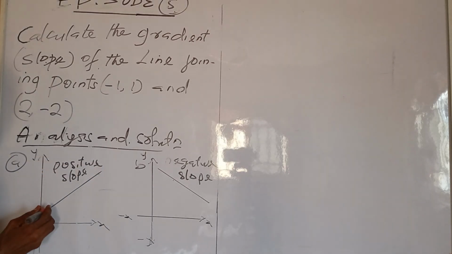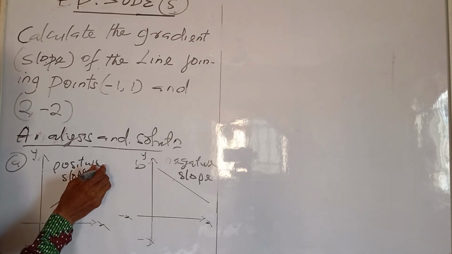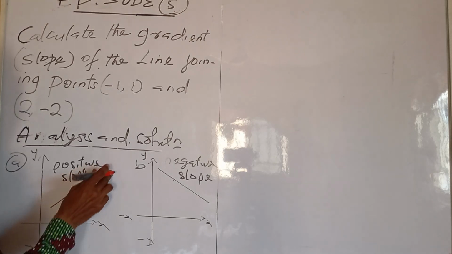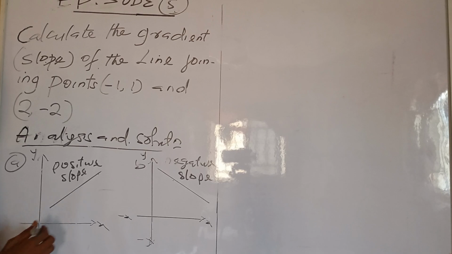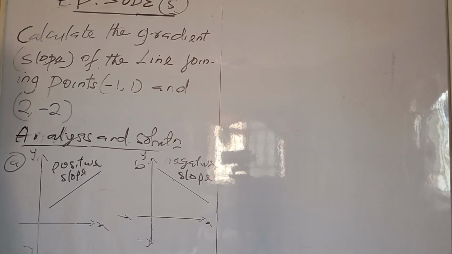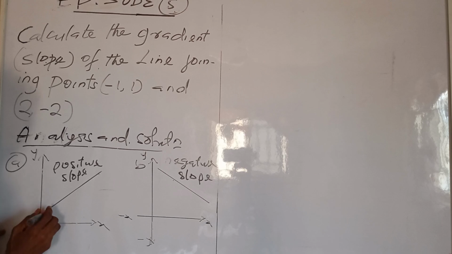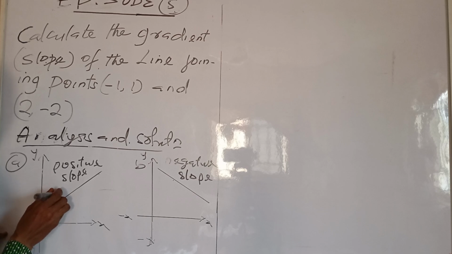So the starting and the termination of a line matter. For each of the starting and terminating points, you must trace it to the x-axis. Here will be your X1, Y1.